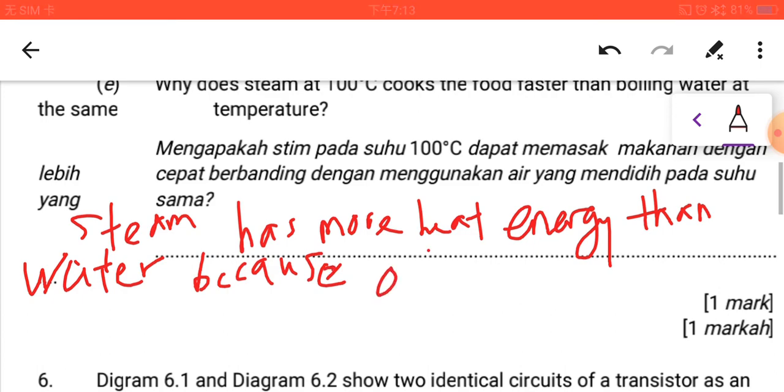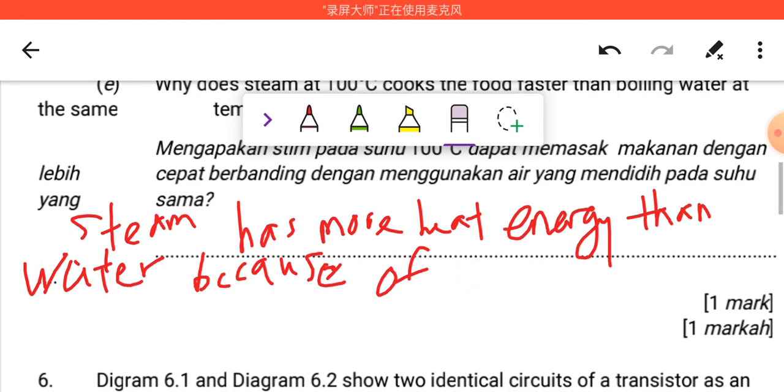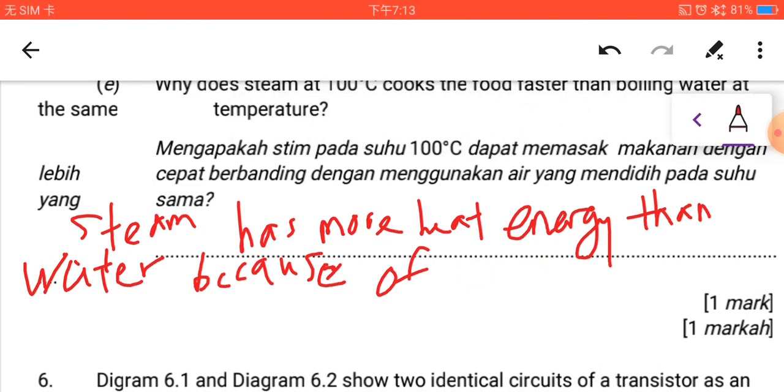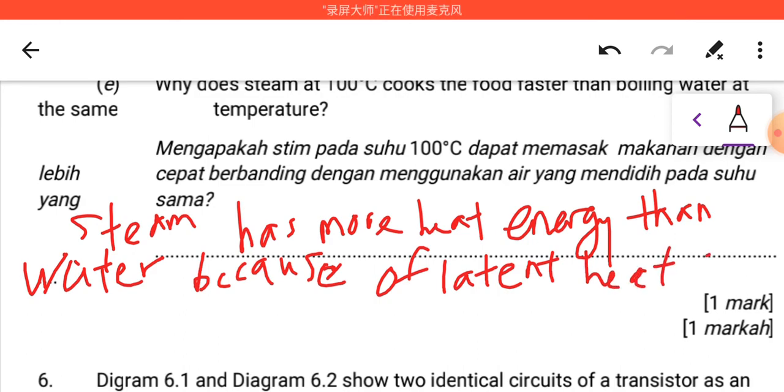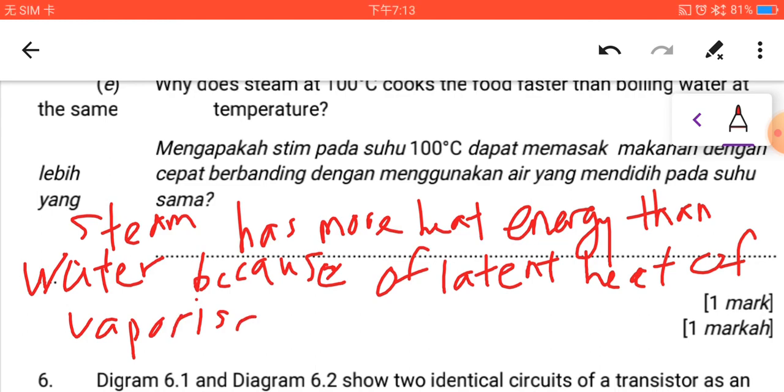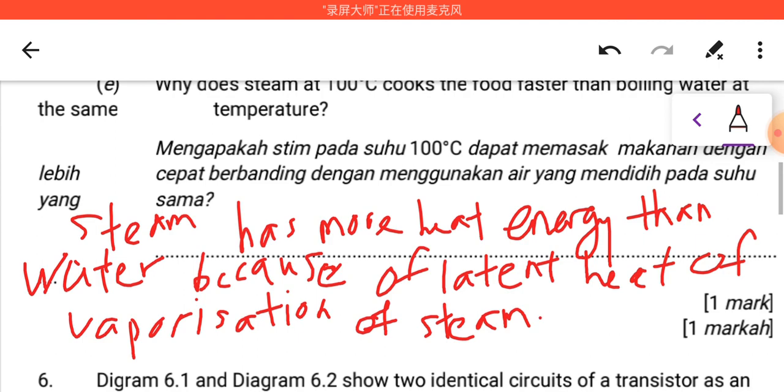Because of the latent heat of vaporization of steam. So these are the answers for E.